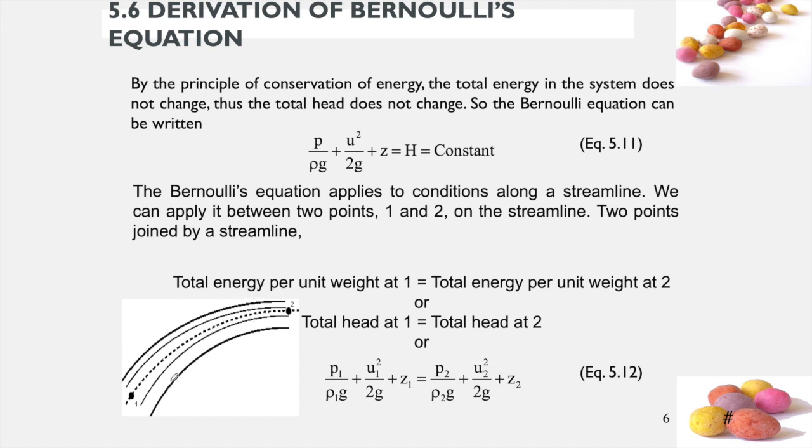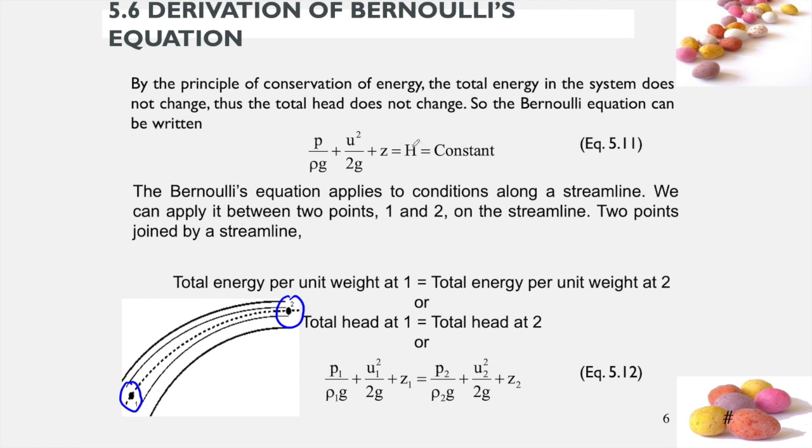Let's take a look at this figure. We have point 1 and point 2. For example, if we want to apply Bernoulli's equation at both points in this flow, we can use total energy per unit weight at 1 equal to total energy per unit weight at 2.